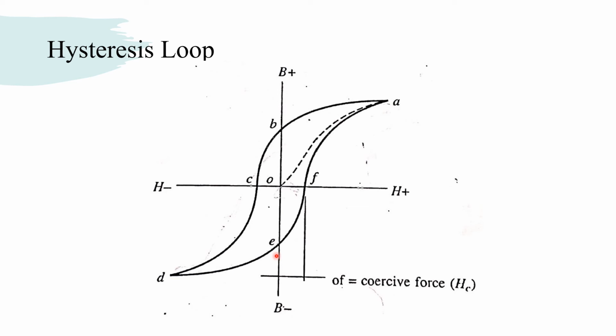Increasing H back to the positive direction will return B to 0. Notice that the curve did not return to the origin of the graph because some force is required to remove the residual magnetism. The curve will take a different path from point F back to the saturation point where it will complete the loop.